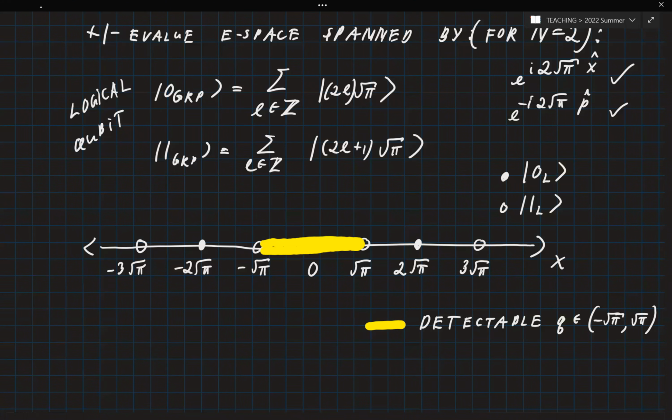But it's protecting against a continuous set of errors. Q here, the yellow region, is a continuous region. And this type of protection against a continuous set of errors, in these lectures, that's the first time we see this for a finite dimensional logical encoding. We didn't have this for qubits. So in some sense, there's a lot of information that can be gained by encoding and protecting this way. This is why we're studying it here.